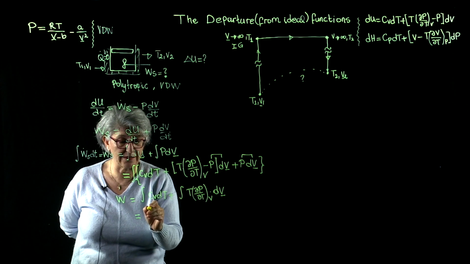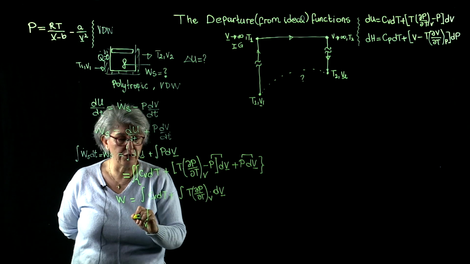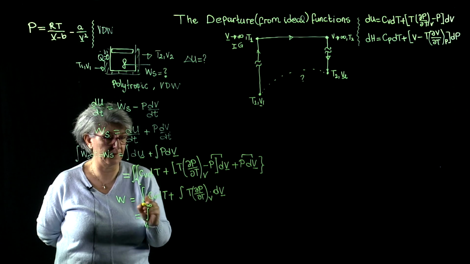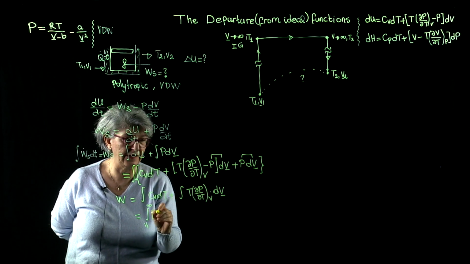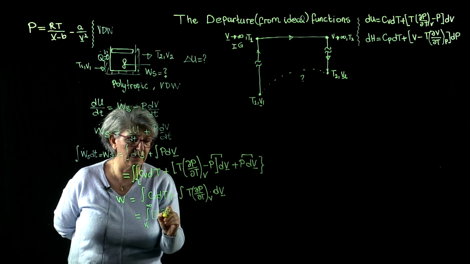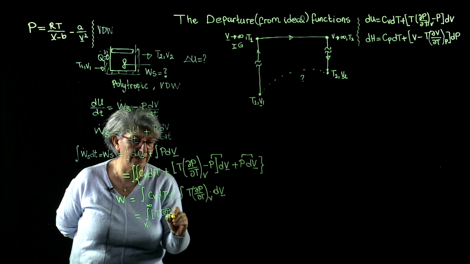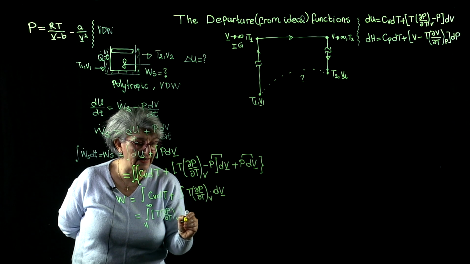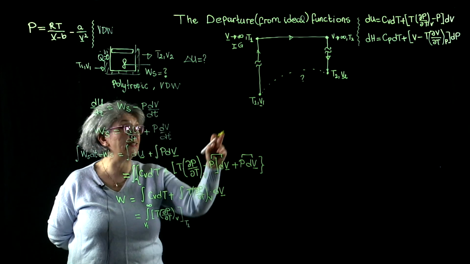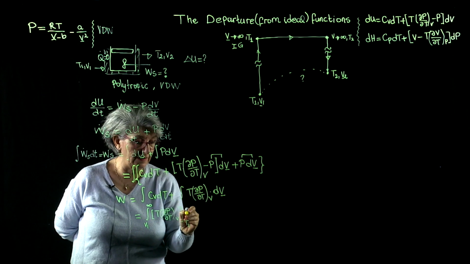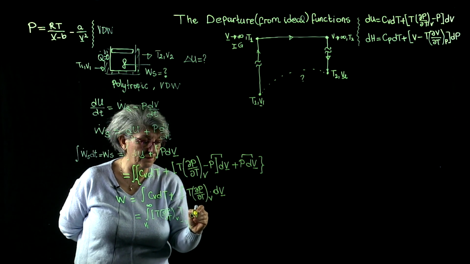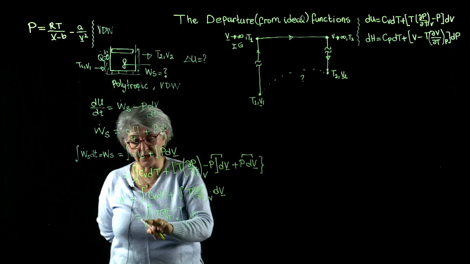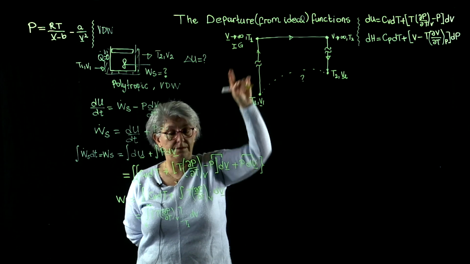I'm going to take my system from V1 to infinity, that I have a function T del P over del T at constant V. And I have to evaluate this function at T equal to T1, because that's where I kept my temperature constant, times dV. Now I'm here, after taking this integral.